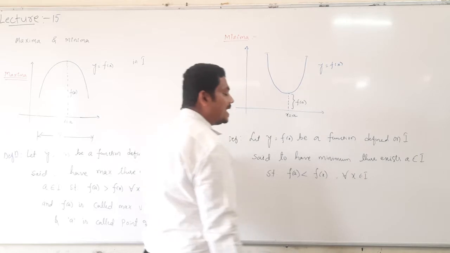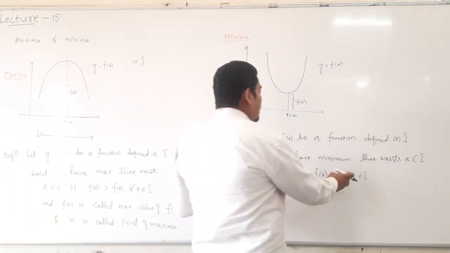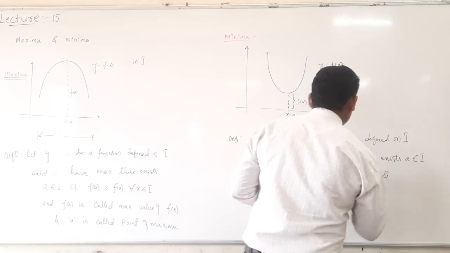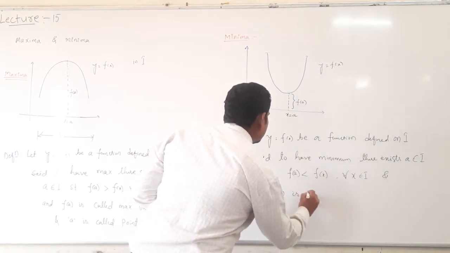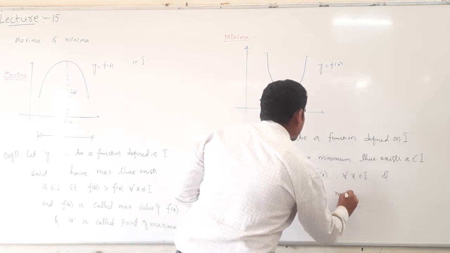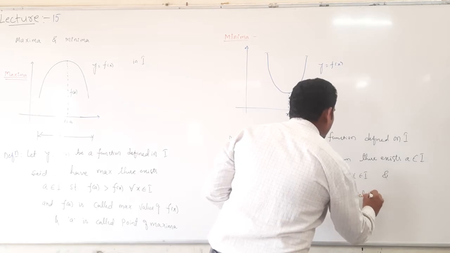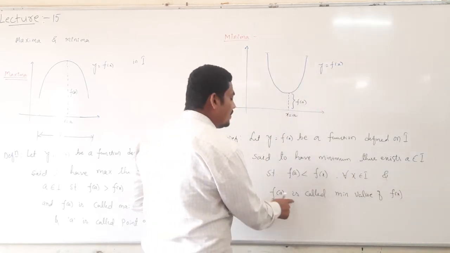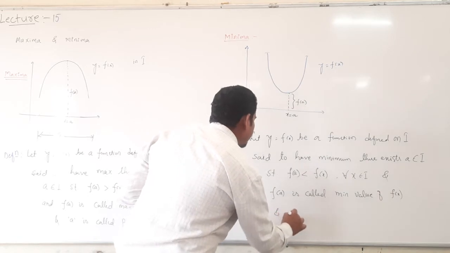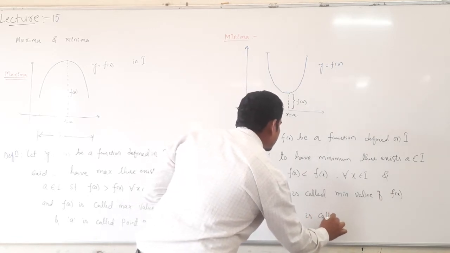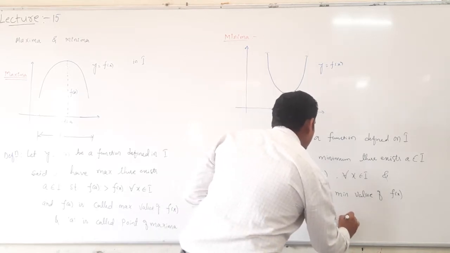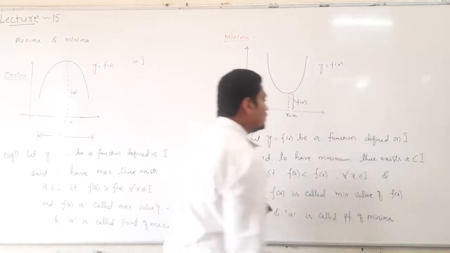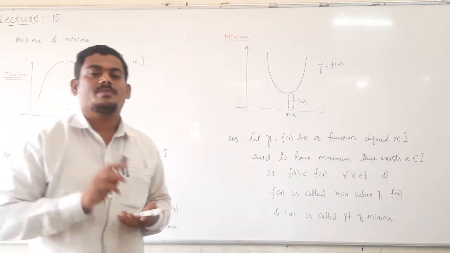Here f of a is less than all the remaining functional values for all x belongs to I. And in this case, f of a is called the minimum value of f of x, and a is called the point of minima, right? This is about maximum value and minimum value.